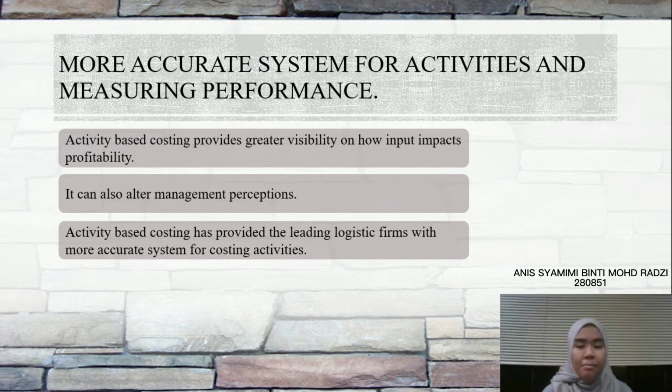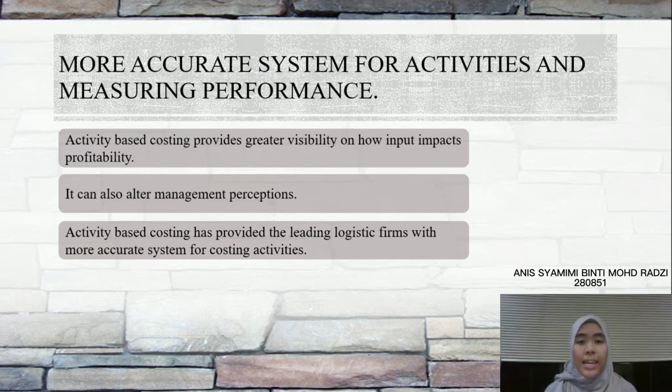Besides that, the activity-based costing system is also much better than the traditional cost accounting system, but it also has disadvantages. So I think that is all about the presentation from me, and it is the end of the presentation.